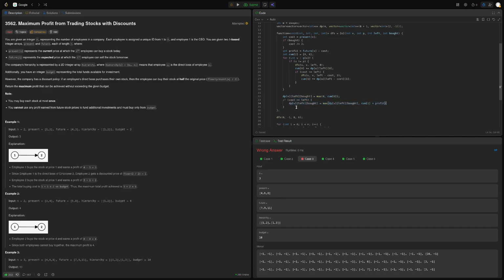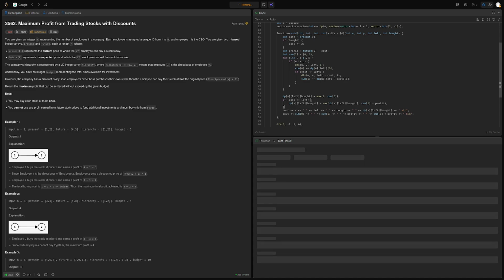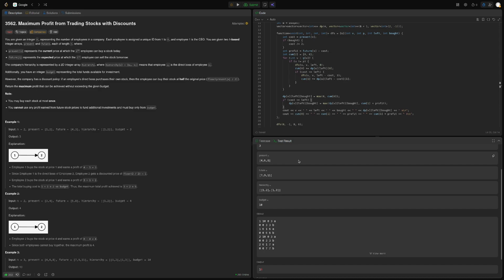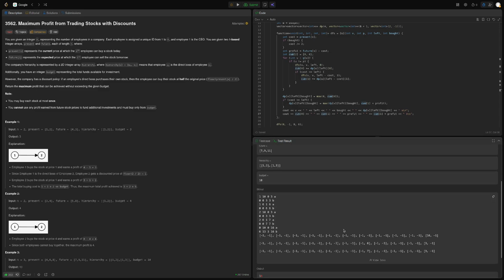Let me copy this. Let's check this out. So in vertex 1, we have a budget of 10 left. We did not buy anything. So how is this free? We will find out here. If we are left with a budget of 10 and our parent did not buy, then we can get free, I guess.